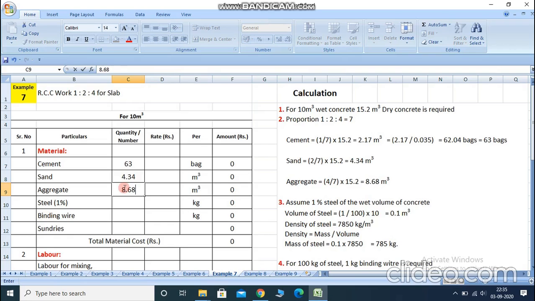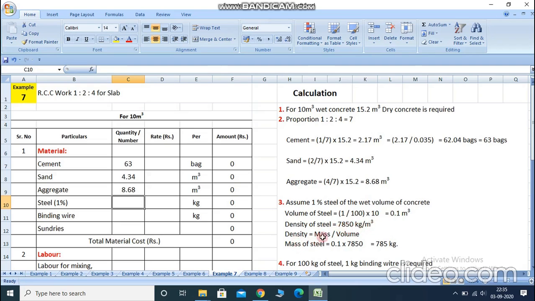Then after, steel quantity is 1% of the total quantity of the concrete work. So assume 1% steel of the wet volume of the concrete. So volume of steel is 1 divided by 100 multiplied by 10, which means 0.1 meter cube is the steel volume. The density of the steel is already given in the book as 7,850 kg per meter cube.